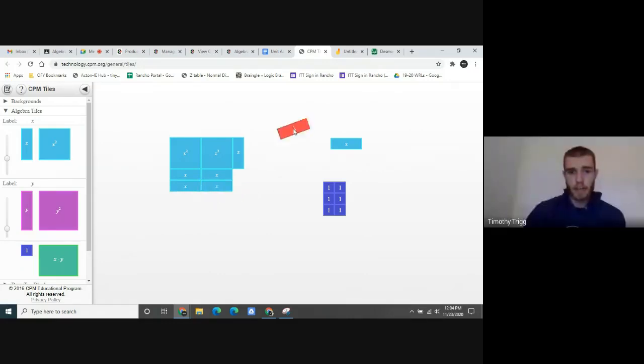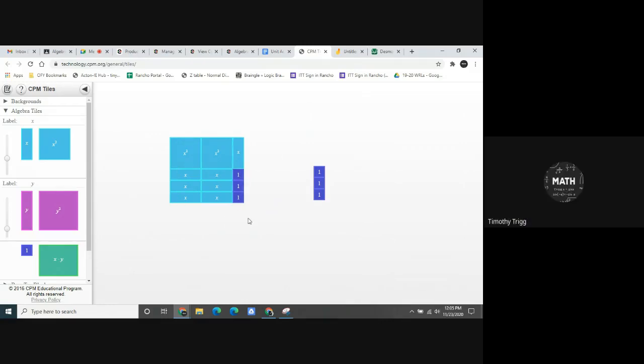I can just start building it, and maybe it'll start working out for me, and maybe it won't. Maybe I'll have to rearrange things. But okay, this looks pretty good. But can I fit all these singles in here? Well, no, I can't. See, these singles are left out. So maybe I don't want to build the rectangle like this. So I'm going to move these back out of here.